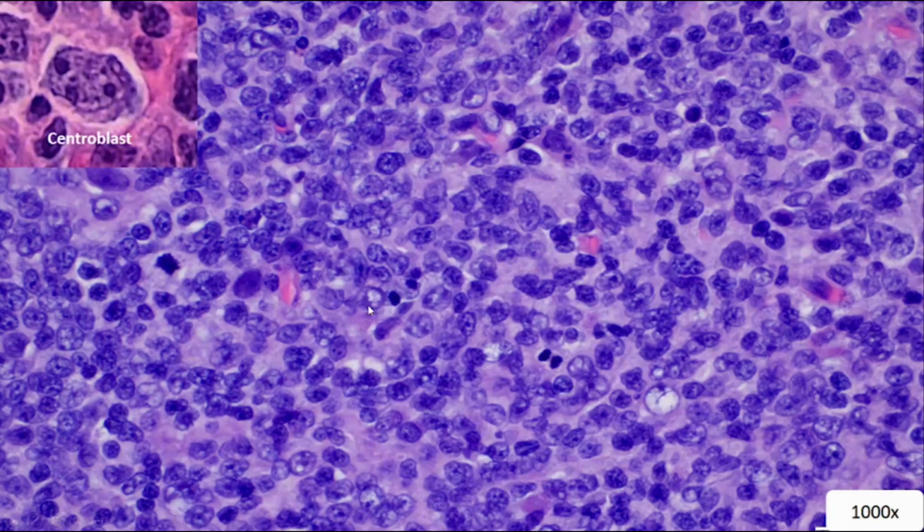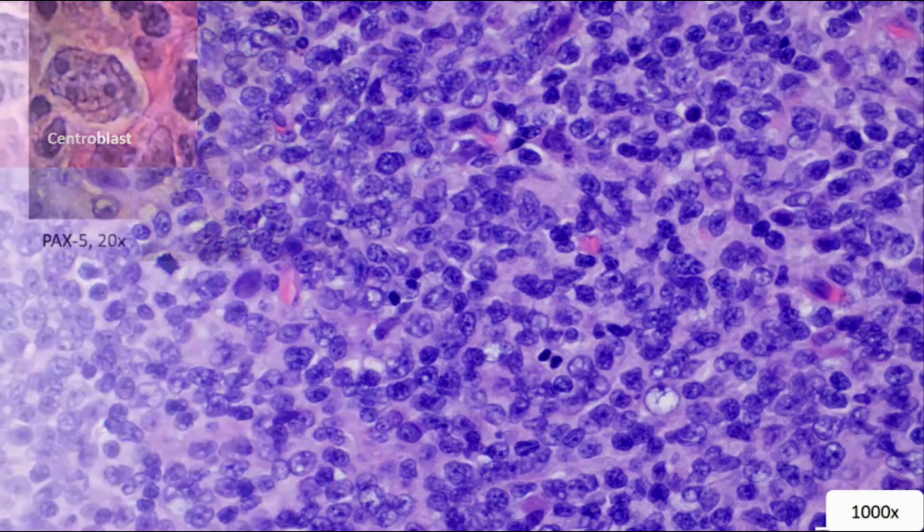These are true centroblasts here of more than 15. Be careful not to call follicular dendritic cells as centroblasts. So centroblasts should have much bigger nuclei that are ovoid and have 1 to 3 prominent nucleoli. But you can also see that the mitotic figures are readily apparent here in the background.